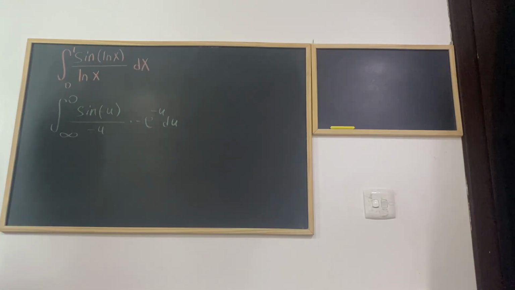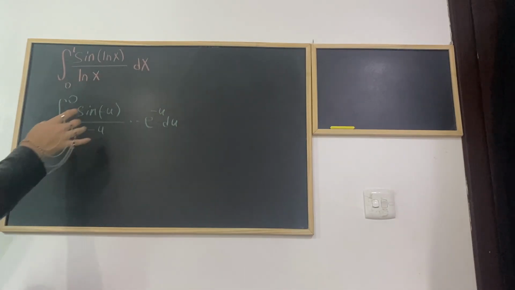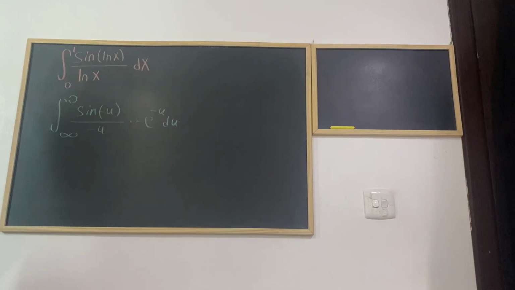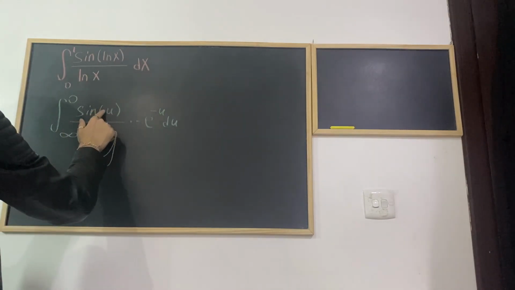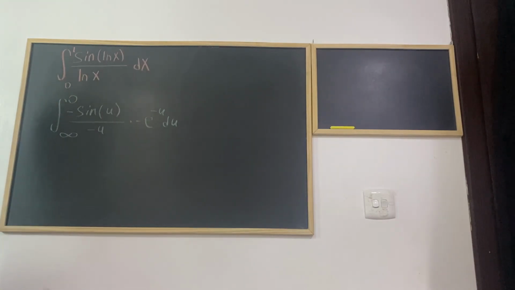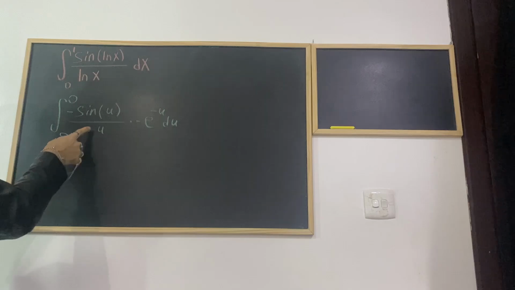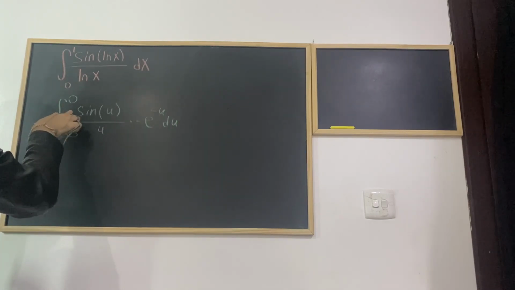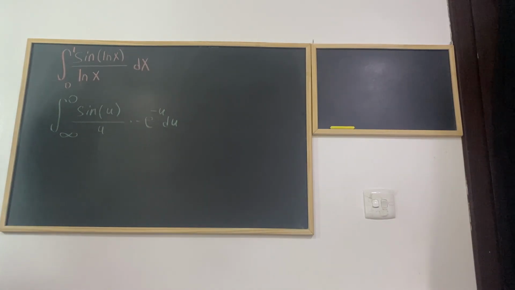So how about we simplify this? So notice that inside the sine function we have negative u. And since negative u is in a sinusoidal function, we can actually remove this negative and put it outside the function because of how it's symmetrical. And this negative will just cancel out. So we're going to have sin u over u multiplied by negative e to the power of negative u du.